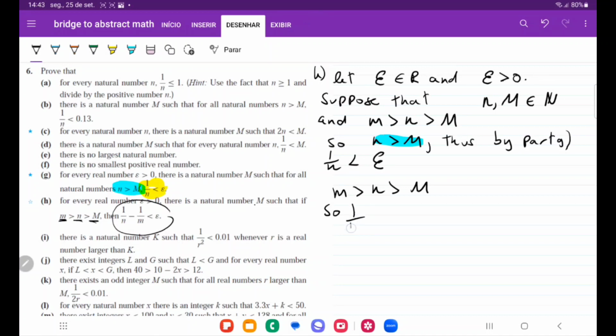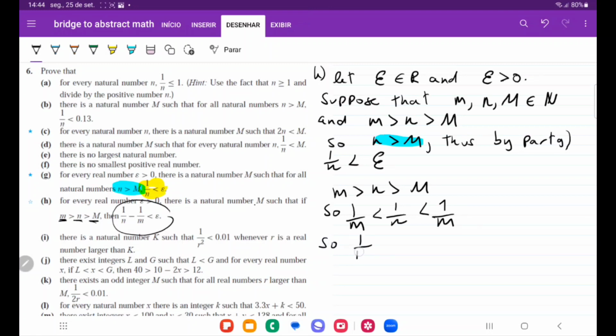So 1 over m, and actually I should say that little m is also a natural number. So 1 over little m is going to be less than 1 over little n, which is going to be less than 1 over M, right? But 1 over little n is less than epsilon.